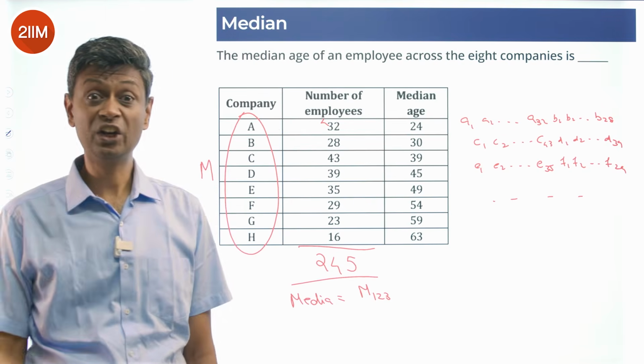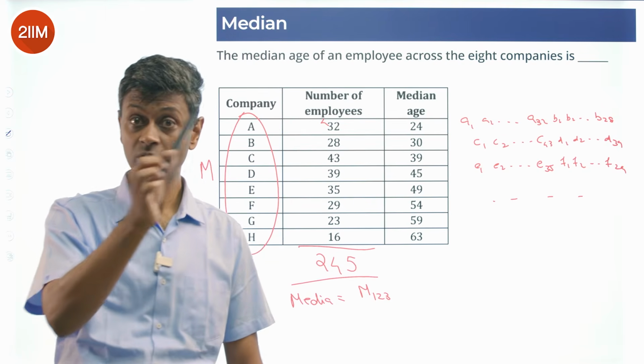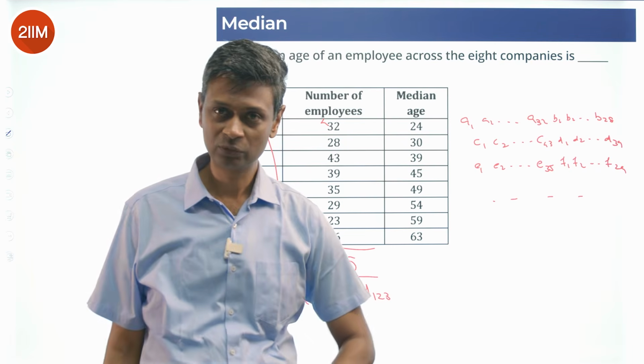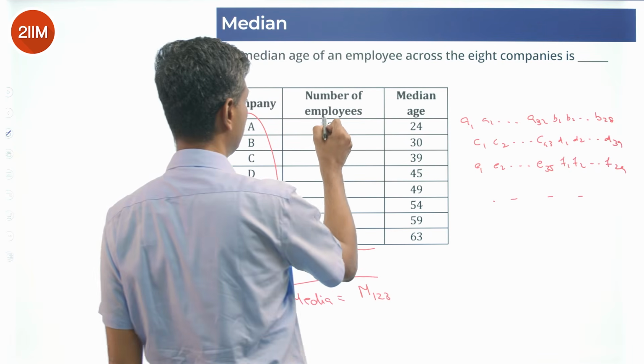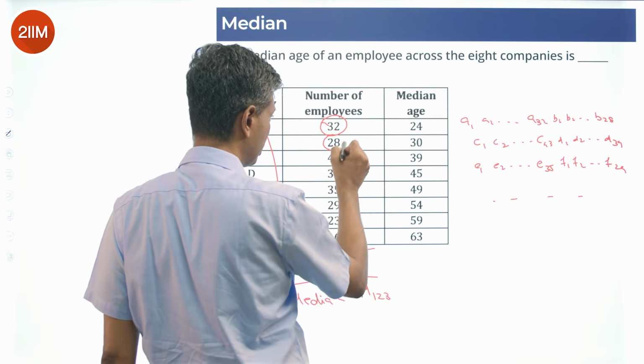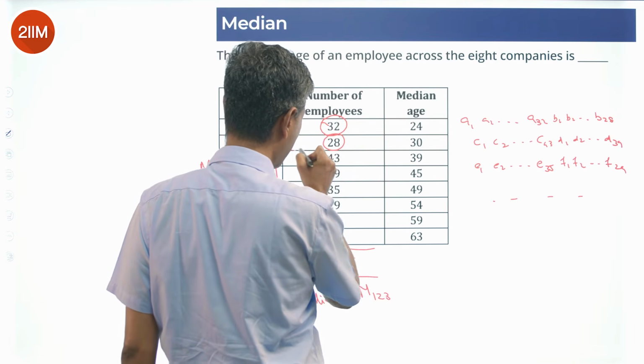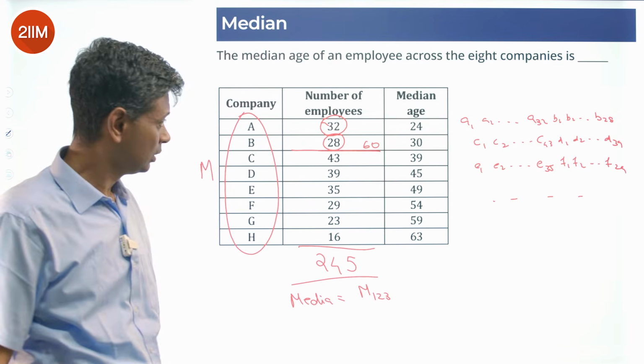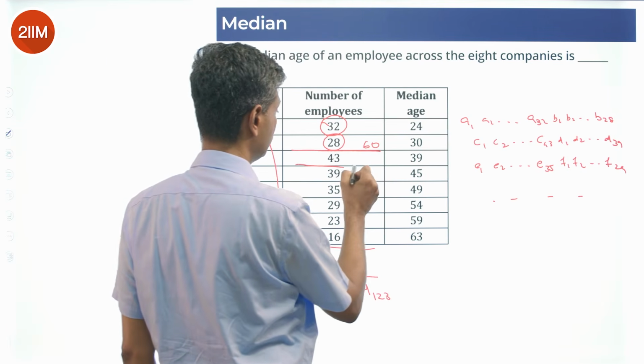If I arrange in that sequence, what will be the 123rd element? The first 32 elements will be in A. The next 28 will go to B. So when the last element of B is counted, we are at 60. Then 43 from C will come, we are at 103.